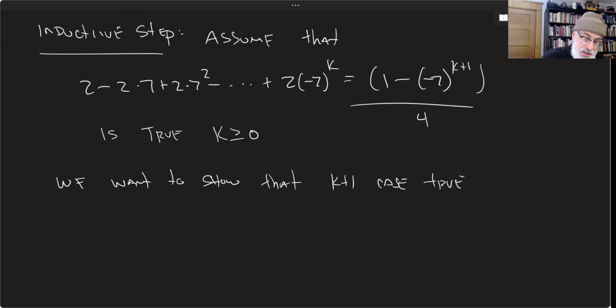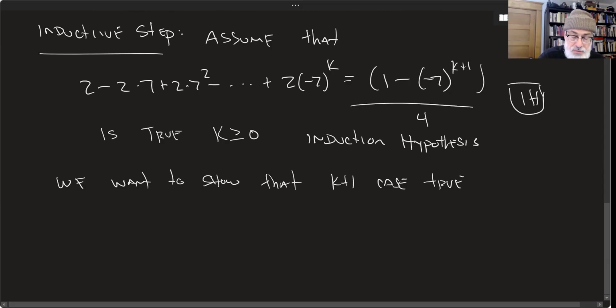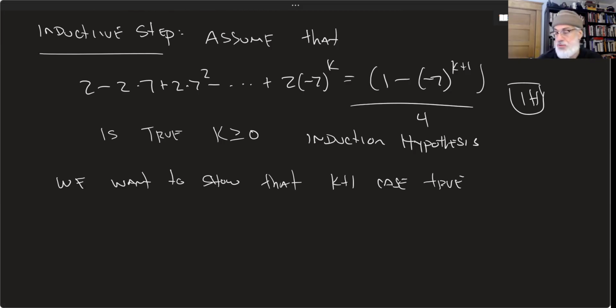Now, this is what we call the induction hypothesis, the thing that we assume true. I'll put a little IH here just so we remember. We always use the induction hypothesis in the induction proof. That's why we established it.